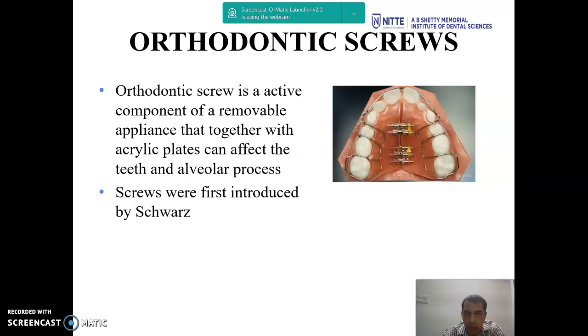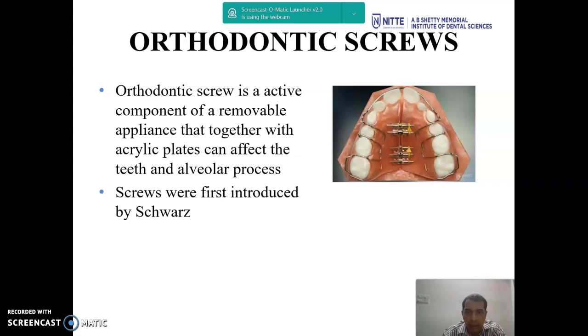Screws in a removable orthodontic appliance cause slow maxillary expansion, whereas screws as part of fixed orthodontic appliances cause a rapid expansion. The orthodontic screw is an active component of a removable appliance that together with the acrylic plates can affect the teeth and alveolar process.